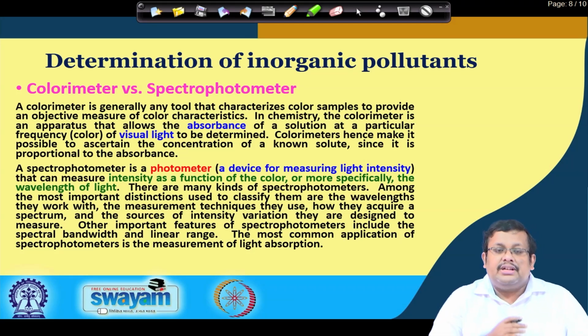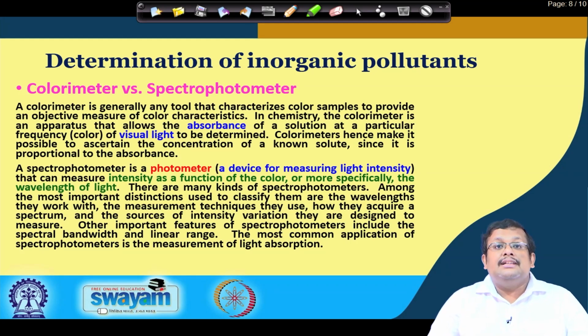Now, a spectrophotometer, on the other hand, is a photometer, which is a device for measuring light intensity. A spectrophotometer measures the light intensity as a function of the color, or more specifically the wavelength of light. There are many kinds of spectrophotometers, as I have already told you in the previous slide.